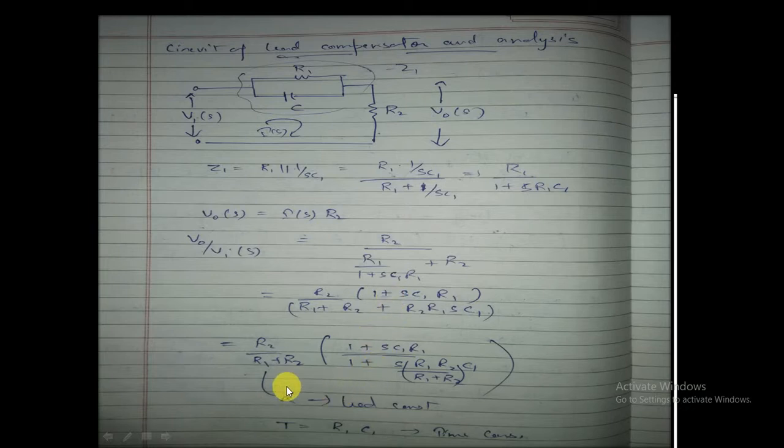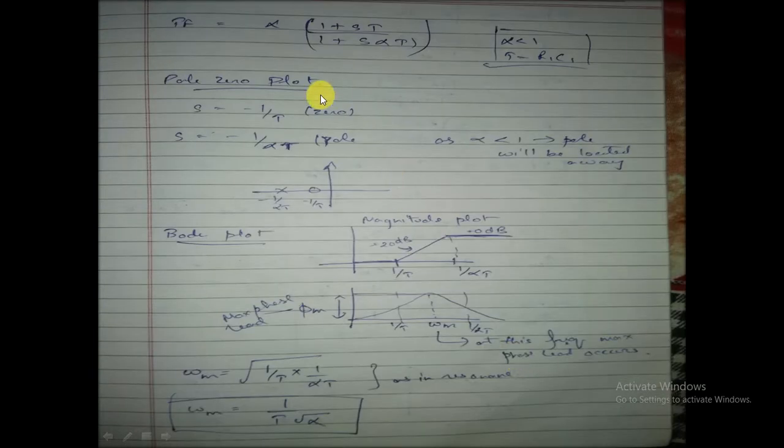Here we have taken R2 by R1 plus R2 as a constant out, and we give it a new name, that is the lead constant, alpha. And here T is the time constant. It is R1 and C1, R1 dot C1, you can say multiplication of both of these.